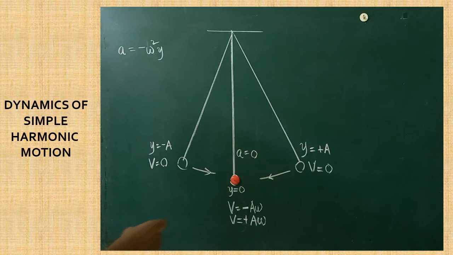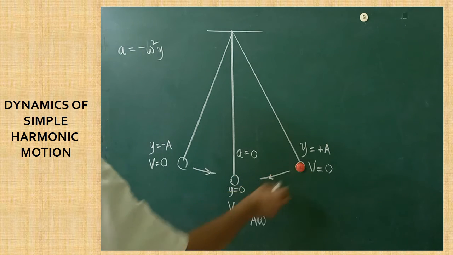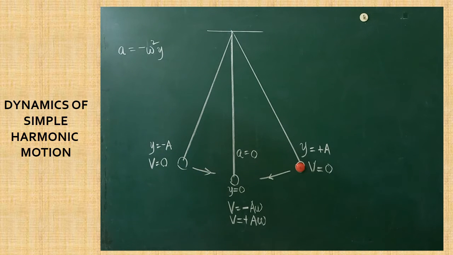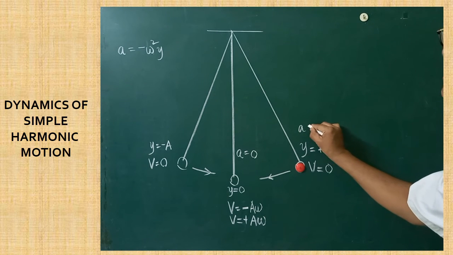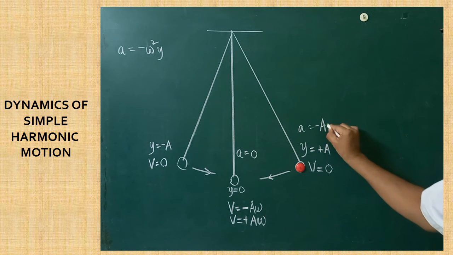Whether it is traveling in this direction or that direction, when it crosses the mean position, the acceleration value will become 0. Now we go to the right extreme end. What would be the acceleration value there? The acceleration becomes a is equal to minus a omega square.